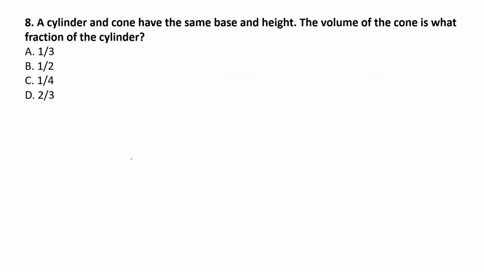Next is a cylinder and cone. Cylinder and cone have the same base and height. Same base means, remember, let me draw a cylinder first. Cylinder is this shape. Cone is this shape. So what they are saying, height and base are same.